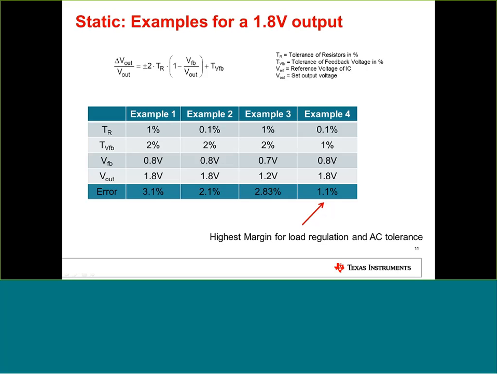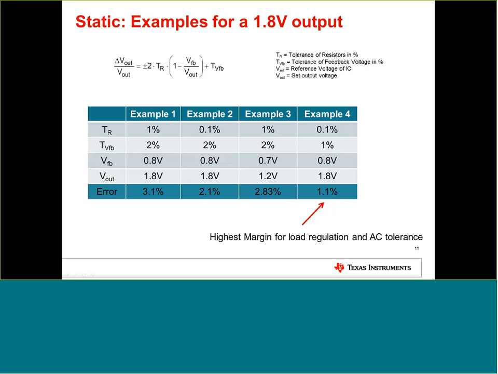Mainly, if we choose a DC-DC converter, the feedback tolerance is fixed, the feedback voltage is fixed, and also the output voltage is somehow fixed. But of course, we can definitely have an influence on the tolerances of the resistors. So using 0.1% resistors is definitely a good starting point to get the highest DC accuracy.